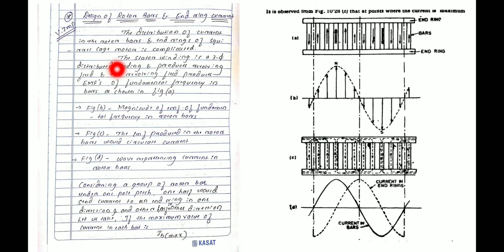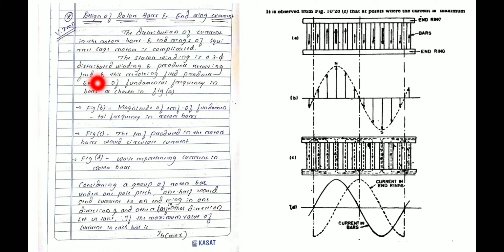That is the reason the stator winding is of a distributed type. Getting my point? So when we give a 3-phase alternating supply, there is development of the rotating magnetic field, nothing but the RMF or the revolving field.